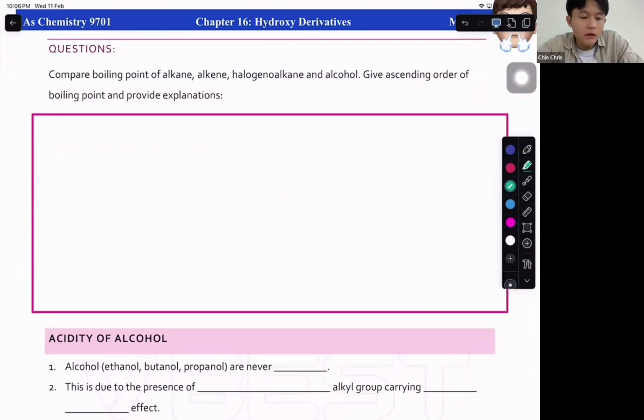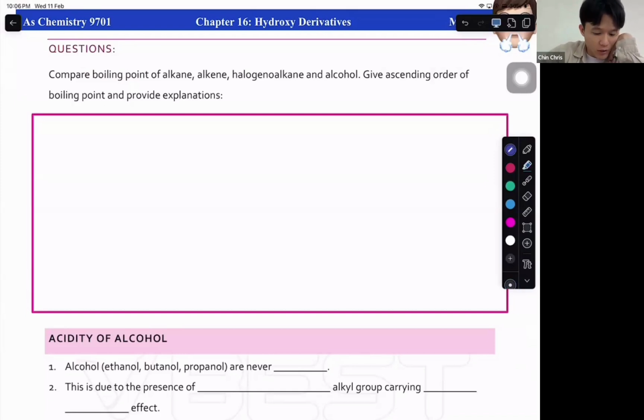All right, guys, now let's look at the question. What we have here is: compare the boiling points of alkane, halogenoalkane, and alcohol. Give an ascending order of boiling point and provide an explanation. What I want you to do is compare three carbons here.